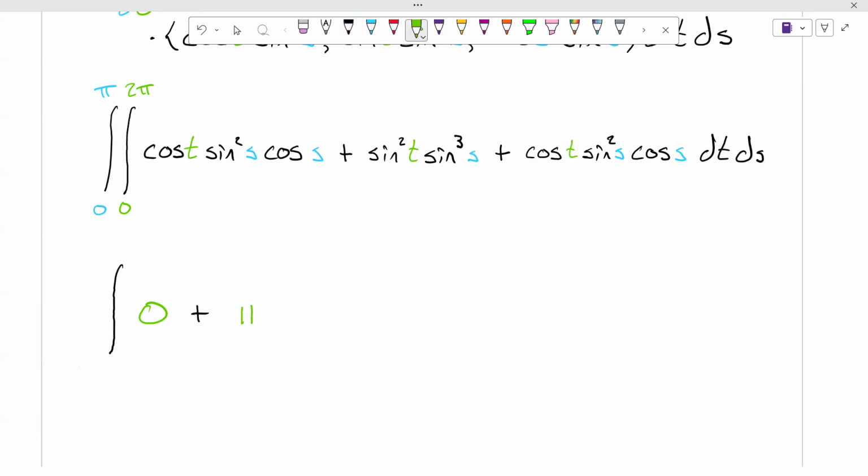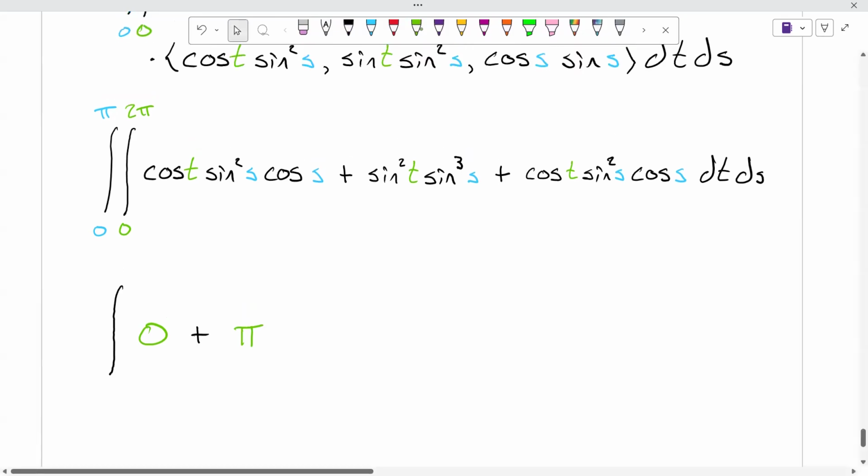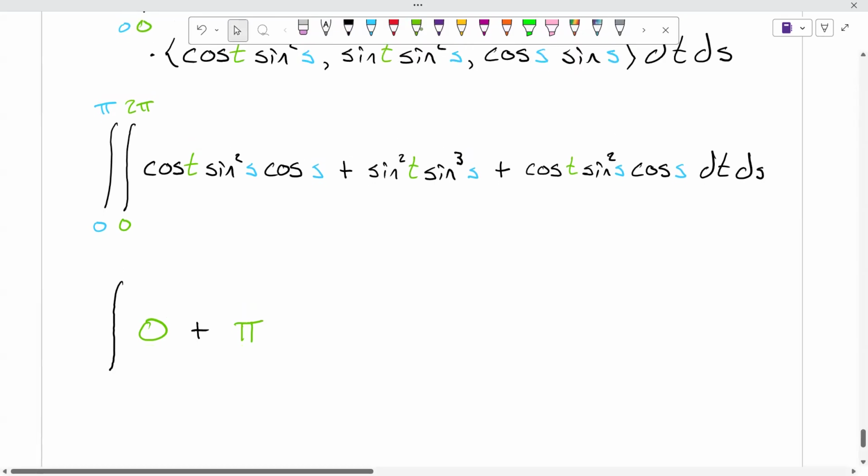That's a known value. It's pi. I think that was even provided in the hint on this one. All right, so that's exactly half of a rectangle with a height of 1 and a length of 2 pi. We still have our sine cubed s, though. While we're right here, remark that we're still integrating from 0 to pi.